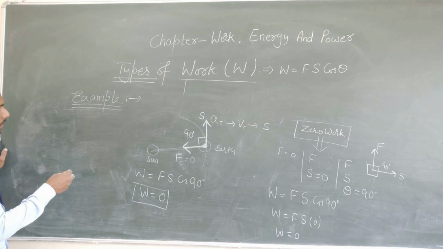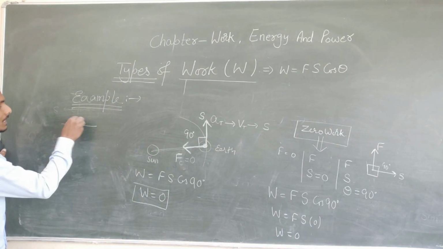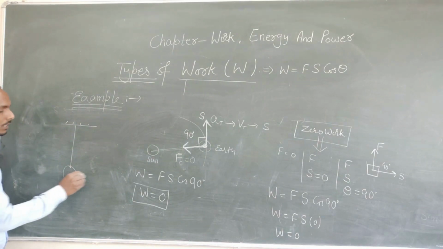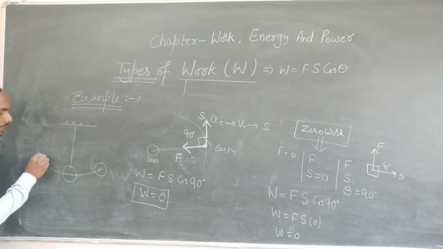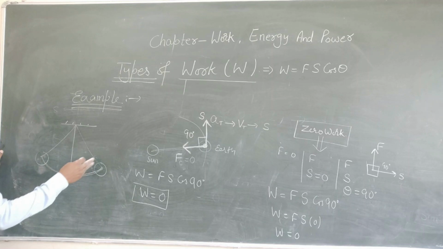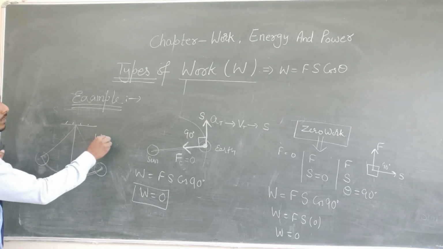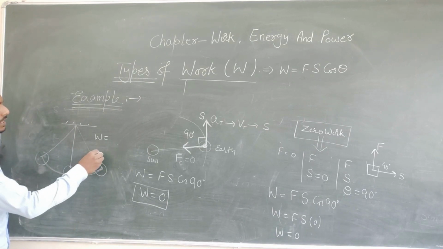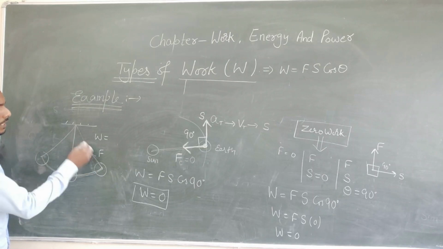But suppose there is another example. Suppose there is a pendulum, and the pendulum oscillates like this. Now tell me, what amount of work has to be done? You say, sir, there is tension, a kind of force, acting on the body.